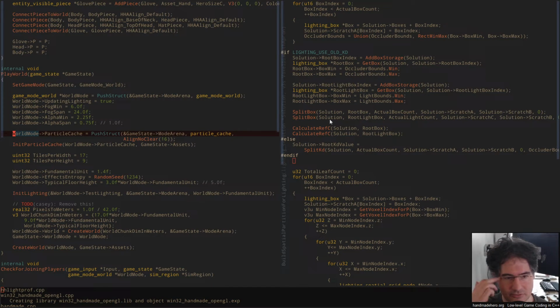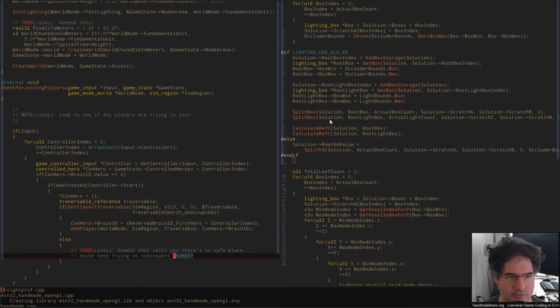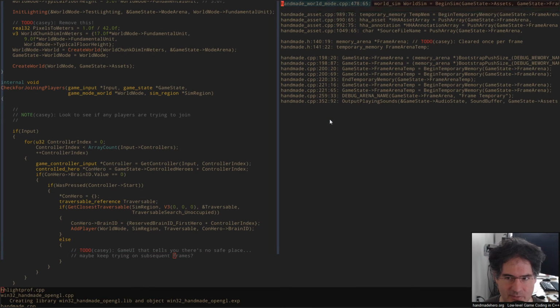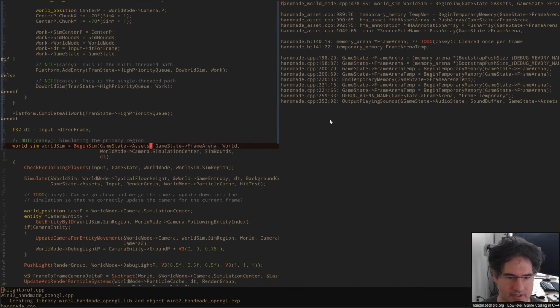So I'm not really sure we ever quite got the per frame arena. It's not really used the way you would normally use it. It doesn't get much use because we added it, but we never really did much with it. And you can see here that, there it is.